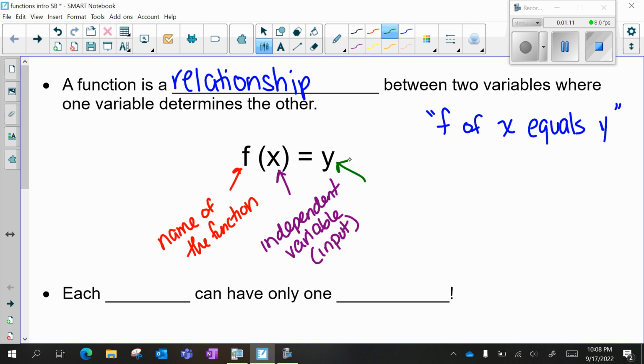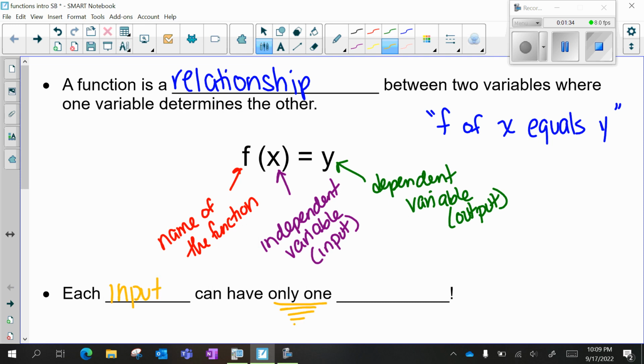And y is the dependent variable, known as the output. And what's really important about a function and what makes something a function is that each input can have only one output. If it has more than one output, it is not considered a function.